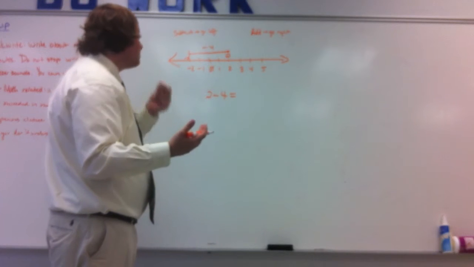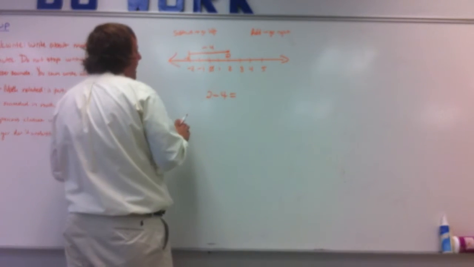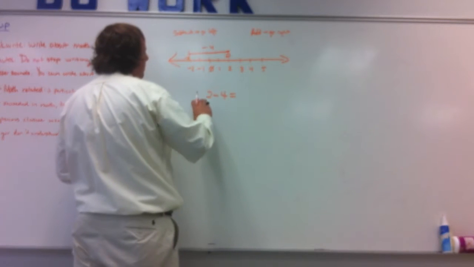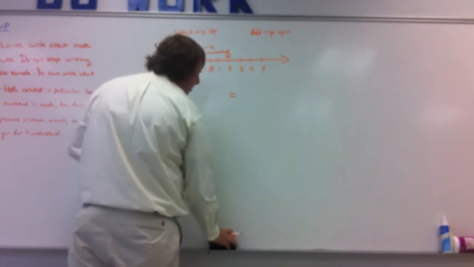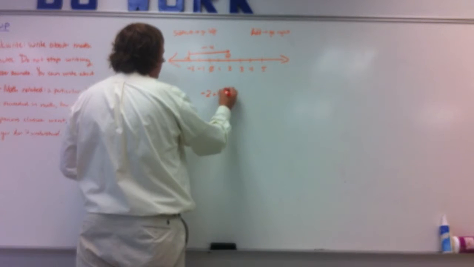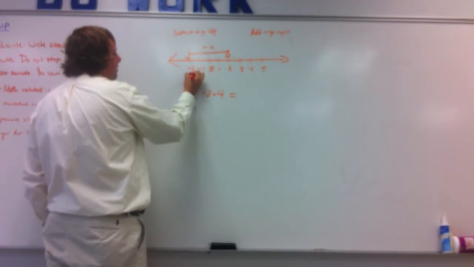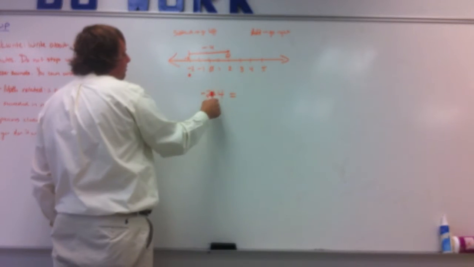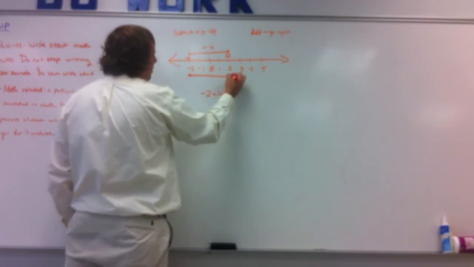Just like all these subtractions you've done before, this time we're just going into negatives. Alternatively, when you add, you go right. So if we have negative 2 plus 4, we start at negative 2, and then we're going to go right 4 spaces. 1, 2, 3, 4.